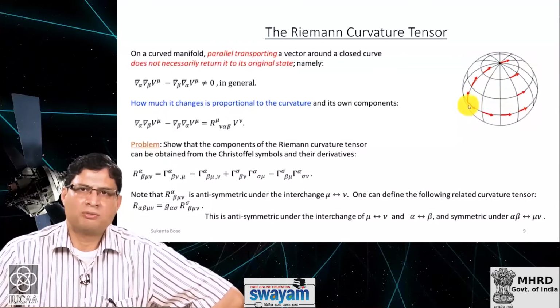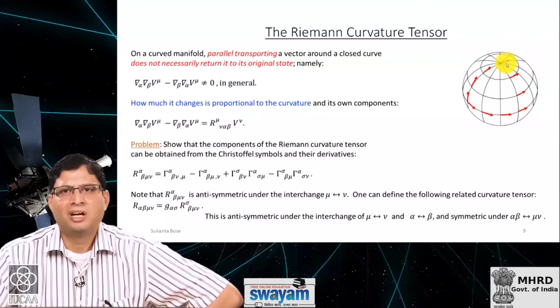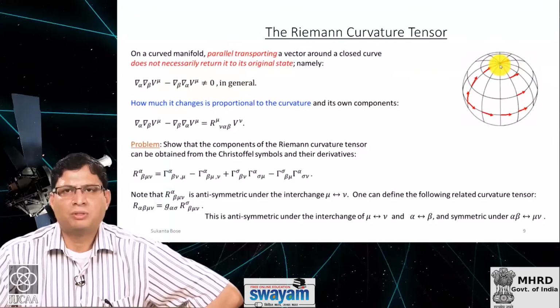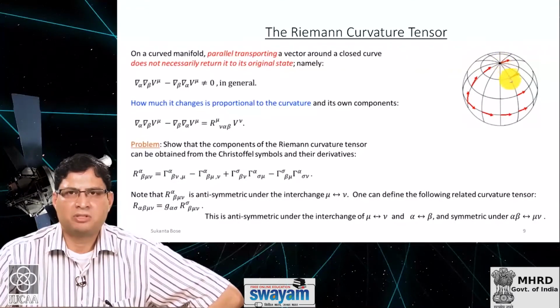Now, you ask your friend to parallel transport this. Actually, you can do this yourself. Once you reach the pole, you parallel transport this vector on the second side of the triangle, which is another longitude.